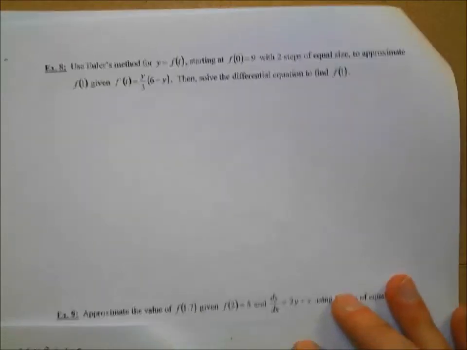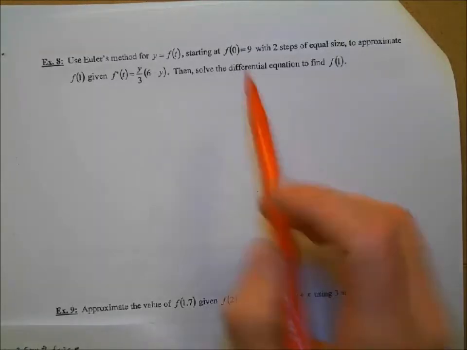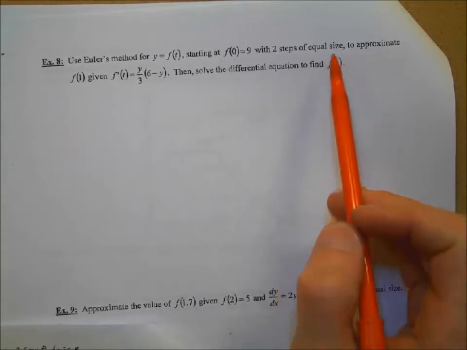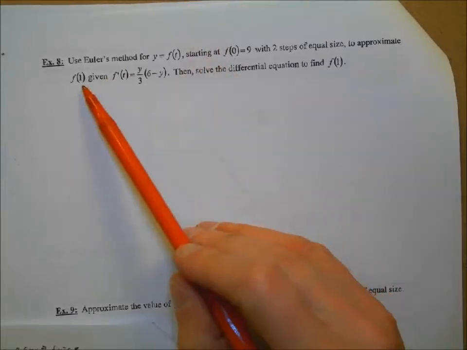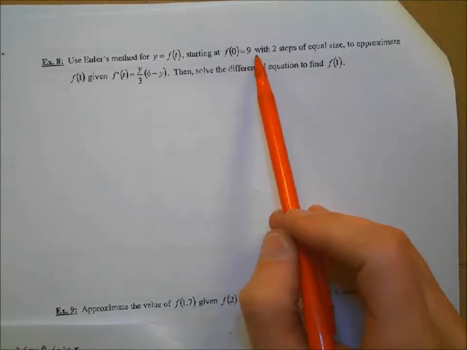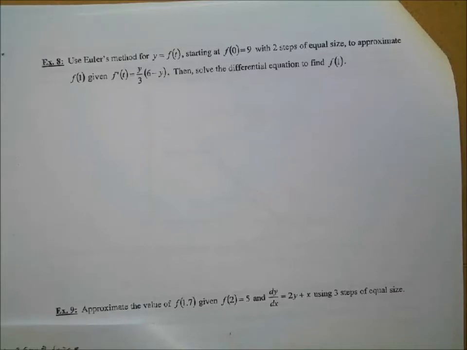We're going to use Euler's method again. For y equal to f of t, we're going to start at the point 0, 9. We're going to use two steps, again, of equal size to approximate now f of 1. So we're trying to move from f of 0, which we know has a y value of 9, to f of 1. So what will our step size be in this case? 0.5, right? We're going to go 0.5.